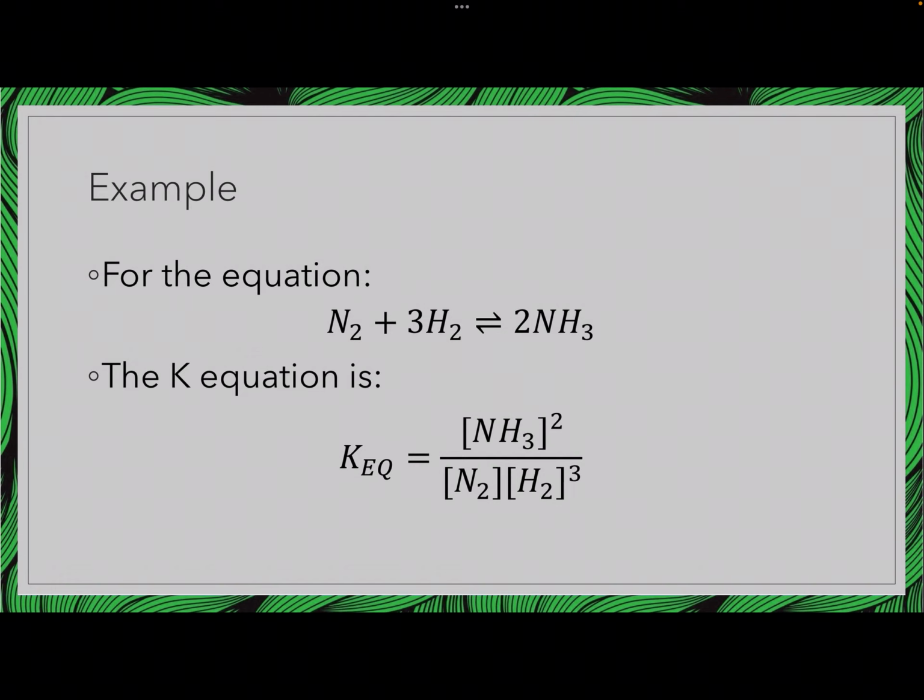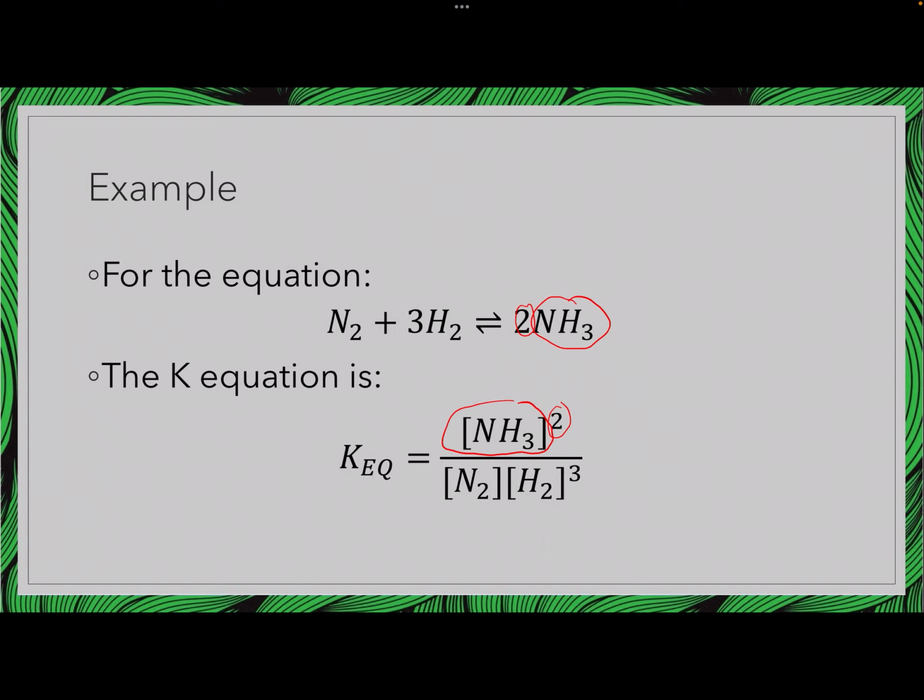Let's have a look at this one. This is our good old Haber process. We have nitrogen plus 3 hydrogens in equilibrium with 2 NH3s. So you see, we put the products at the top. That's our products, and remember it's the concentration of the products, that's why we use the square brackets, and it's raised to the power of 2.